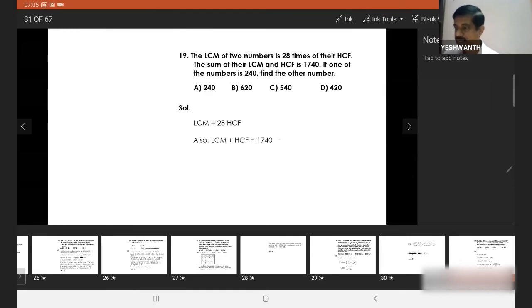LCM plus HCF is this. 29 times HCF is 1740, so HCF is 60. So LCM is 28 into 60, which is 1680.